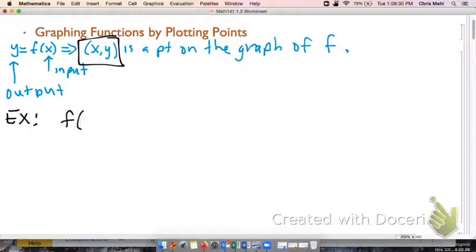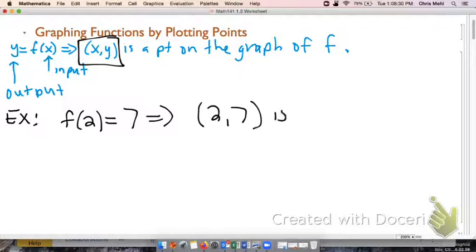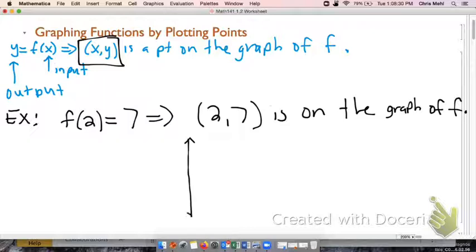If you plug 2 into the function, the equation or whatever it is, and you end up getting 7, what this is going to tell me is that 2, 7 is on the graph of f. And if I was going to go ahead and graph that point, let's just talk about how to plot points real quick before I actually start doing a few examples.